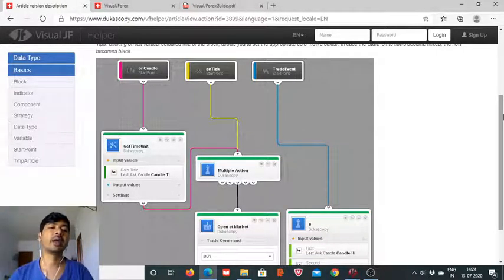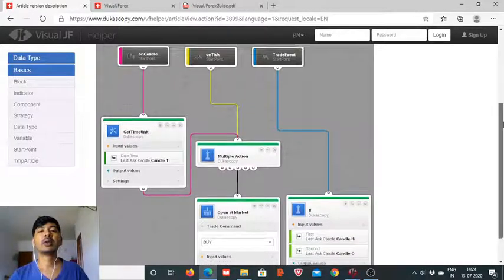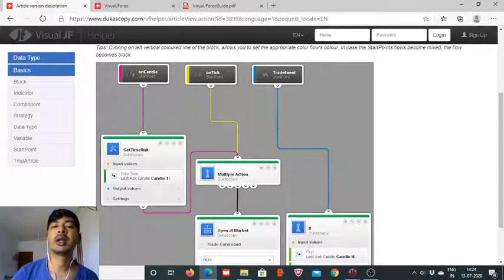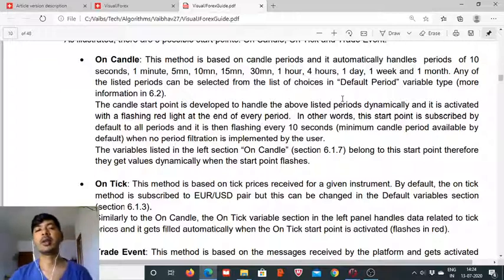Whenever we are relying on any particular sort of data point, then we have to connect that respective start point, and in that sense we can connect all three start points if need be, but you can also work very well with even a single start point. So not every algorithm requires all three start points to be connected. That is a point which needs to be kept in mind.